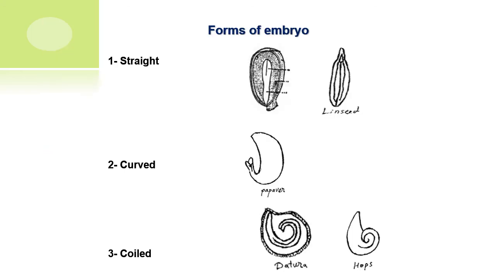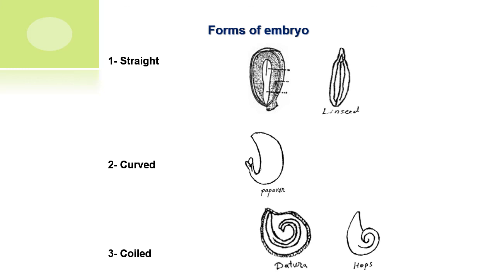If we have LS in the seed, there are different shapes of embryo according to the development. The first type is a straight embryo, in which the cotyledon and radicle are on a straight line. This is a longitudinal section parallel to the cotyledons and a longitudinal section perpendicular to the cotyledons.